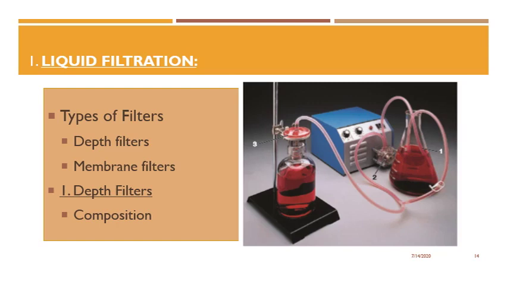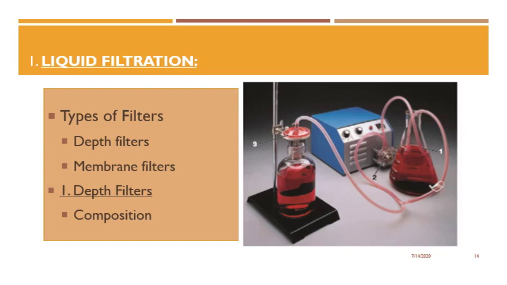The solution containing microorganisms is sucked through this layer under vacuum, and microbial cells are removed by physical screening or entrapment, and also by adsorption to the surface of the filter material.